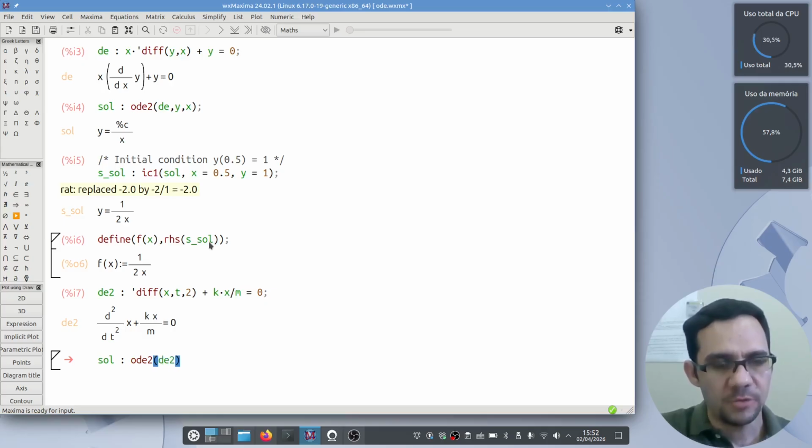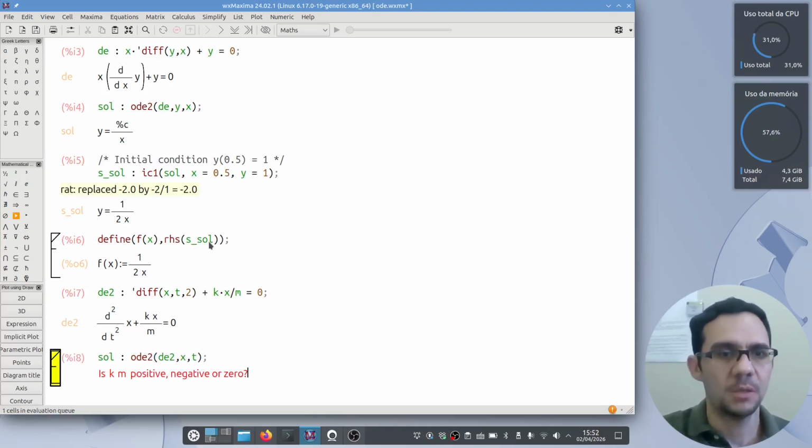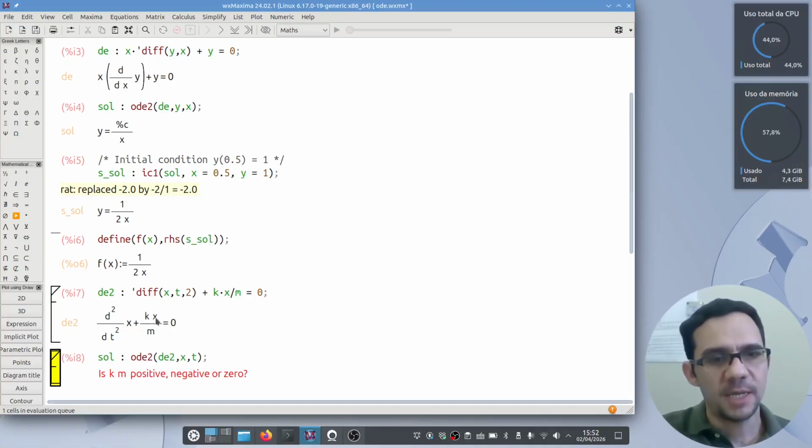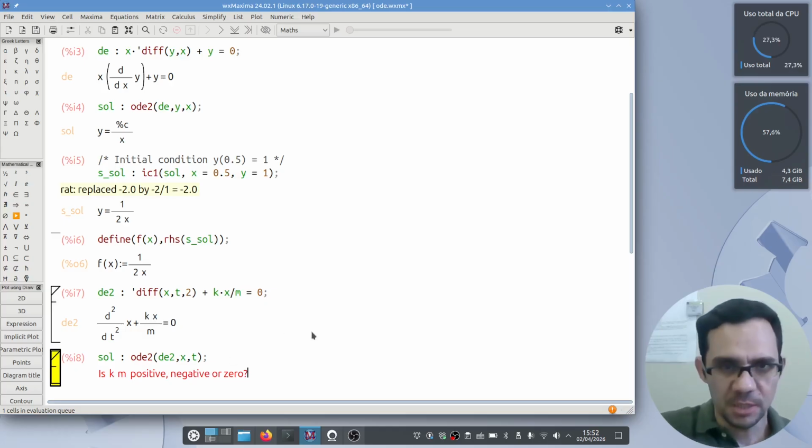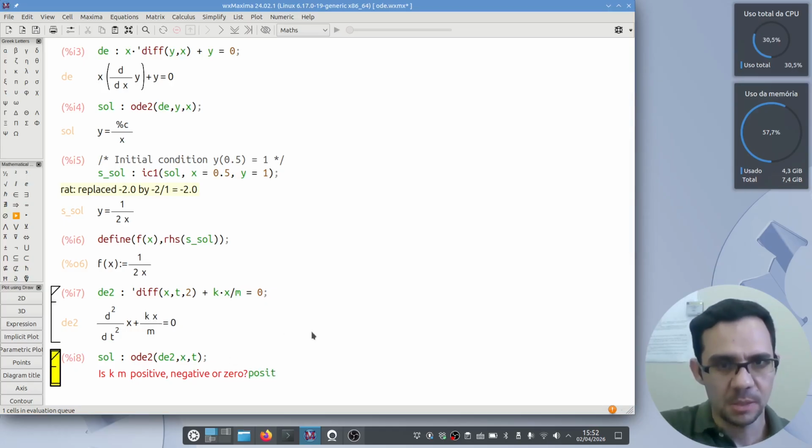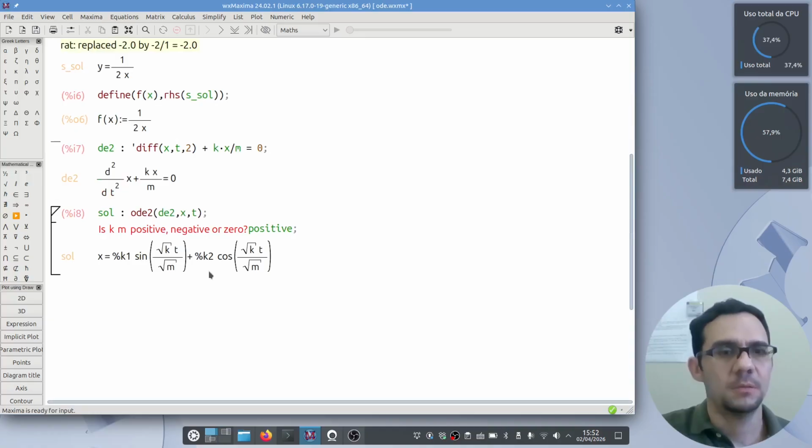With ODE2, I have to tell it what equation I want to solve, what the function is, and what the variable is. Then, in this case, since k and m are not defined, it asks me if k times m is positive, negative, or 0. In this case, we want this to be positive, and then shift plus enter, and Maxima returns the general solution, now with two arbitrary constants.